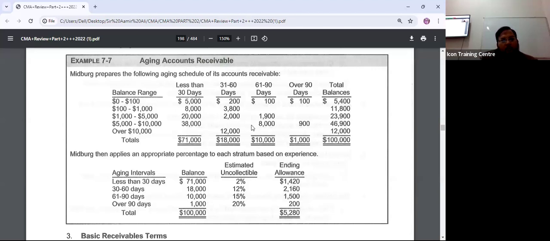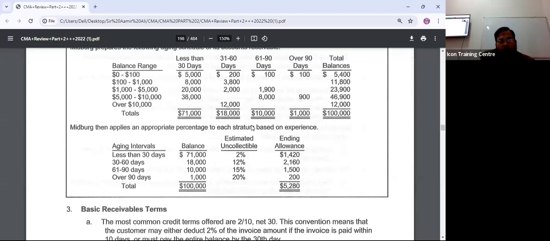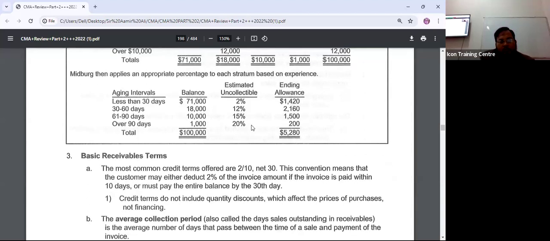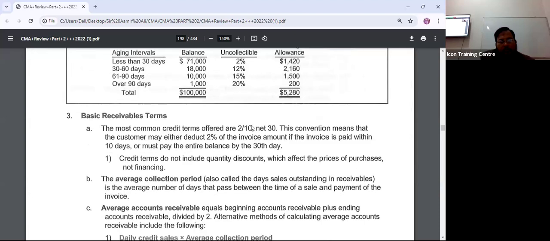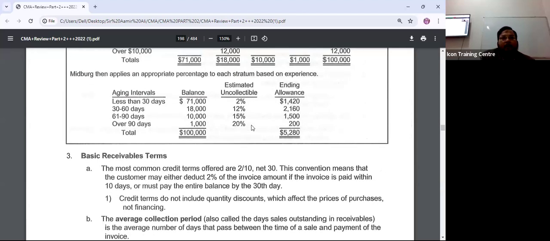So it will be 1420, right? And then 30 to 60 days. And over 90 days, we have 1,000. So they are expecting 20% to be uncollectible. Is this clear, sir? Very simple.